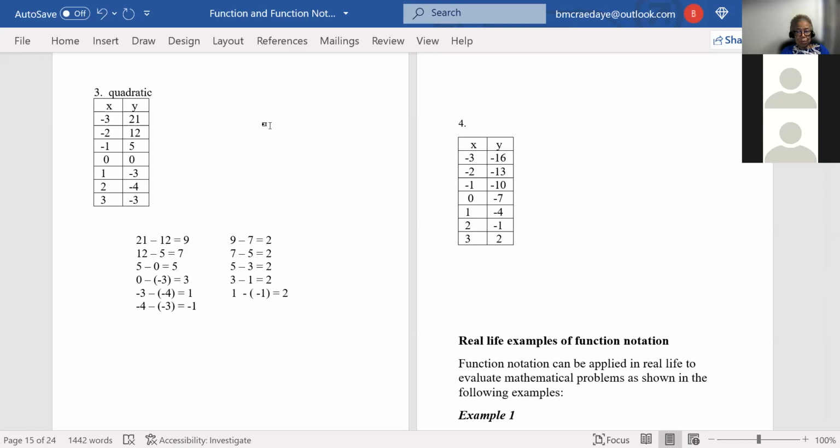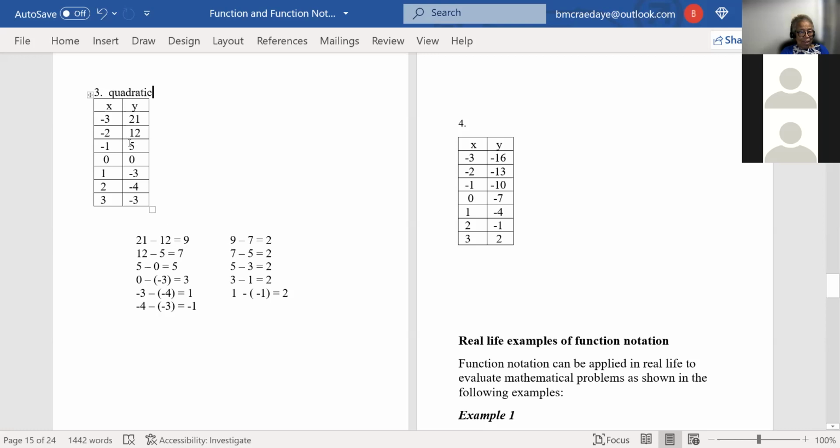Questions, Latoya? Chastity? The part I'm not understanding is, I see where you get the 21 minus 12 equal 9. Where you get the 12 minus 5? Oh, from the table. 21 minus 12, 9. Take the next one, 12 minus what follows it, which is 5. That's 7, right?